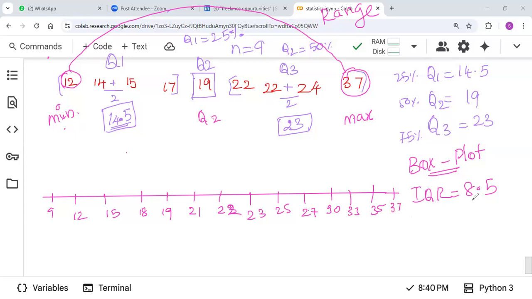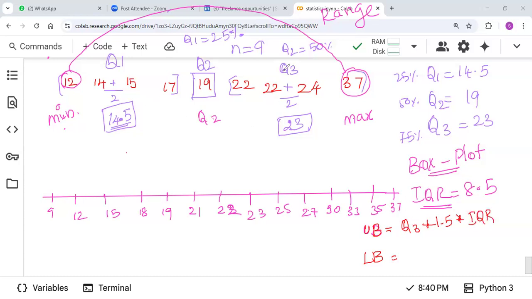So when you want to plot a box plot, you need to find the upper bound and lower bound, guys. With this IQR, you determine the upper bound and lower bound. What is the formula? Upper bound is Q3 plus 1.5 times IQR.